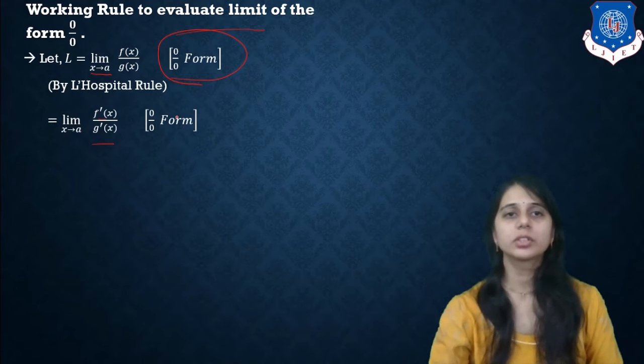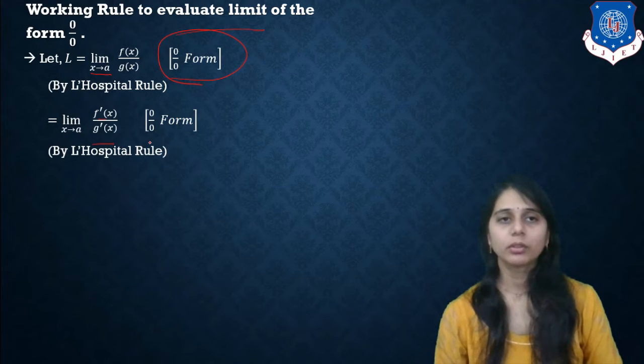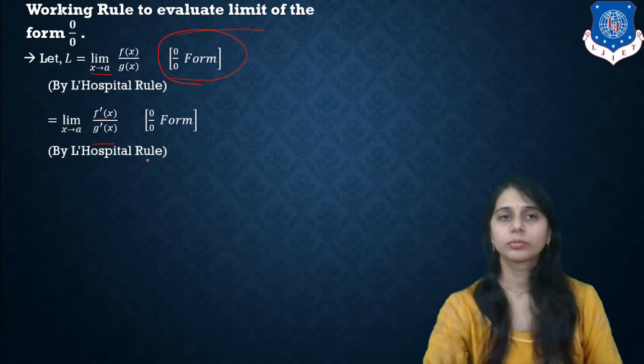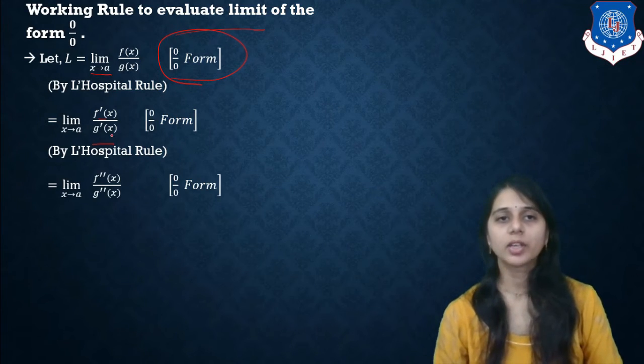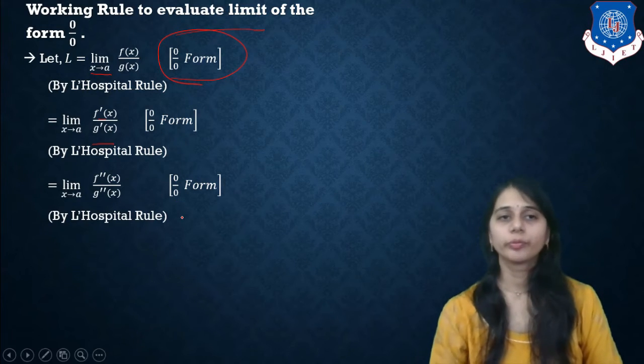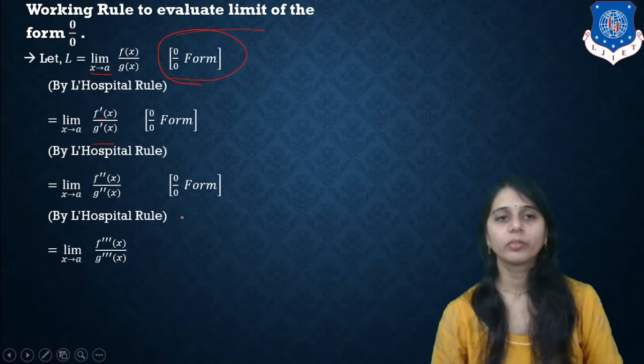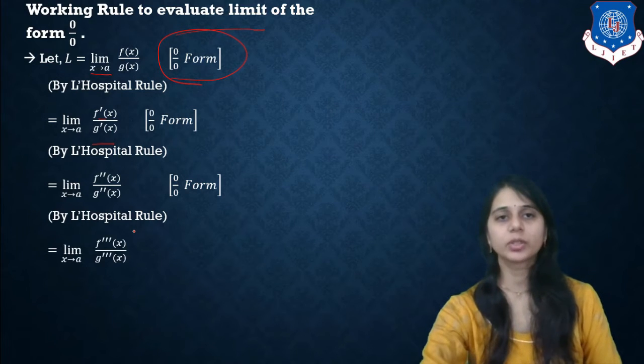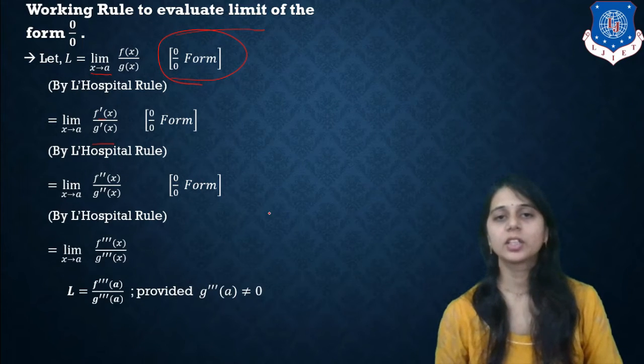If it is again a 0 by 0 formation, apply L'Hospital's rule again to get f double dash x upon g double dash x. If it is still 0 by 0 form, apply L'Hospital's rule to get f triple dash x upon g triple dash x, and it is provided that g triple dash a does not equal 0.